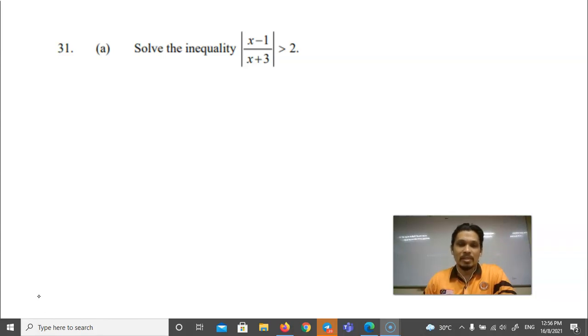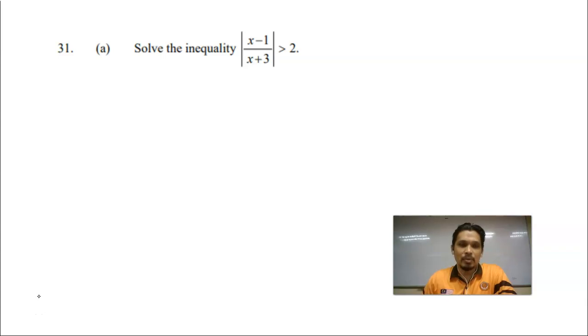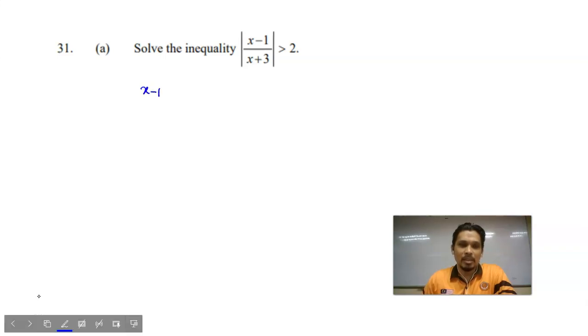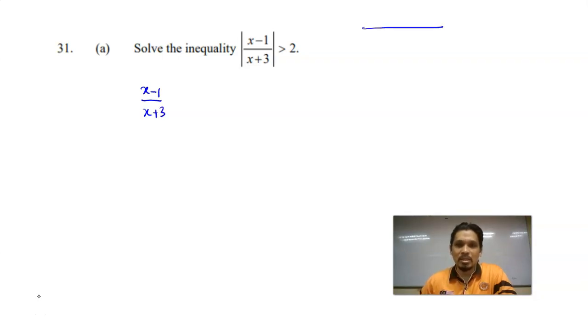So let's use the other method here. For greater than, it means that x minus 1 divided by x plus 3, with 2 here, just imagine that there is a negative 2 and 2.